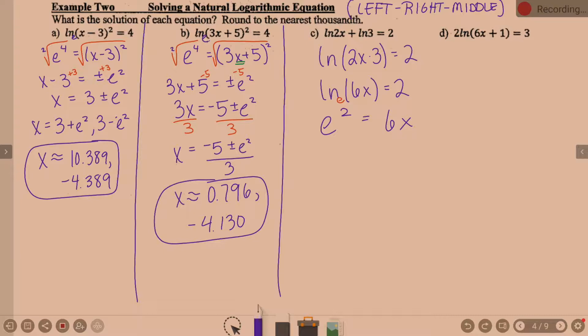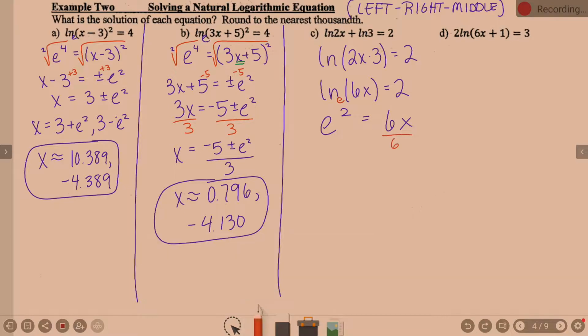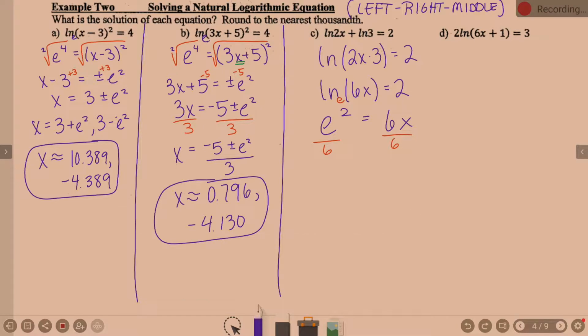Well, even though this one started more difficult, it actually finishes easier if you ask me. How do we solve for x? If it's 6 times x, we're going to divide by 6. So when I divide this, I'm doing whatever e squared divided by 6 is.